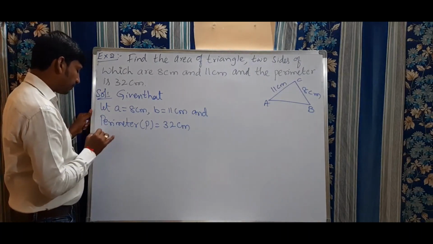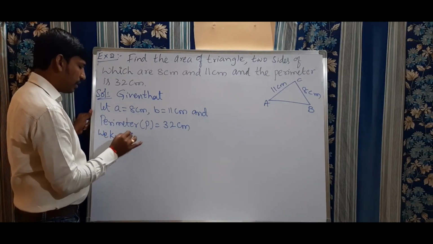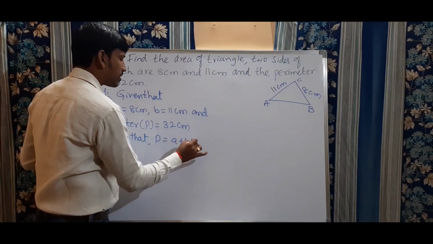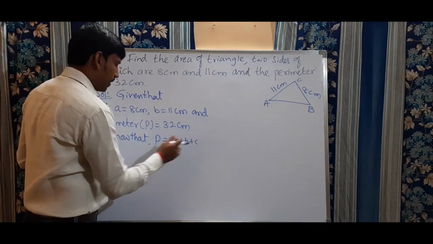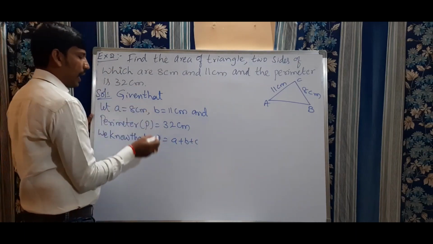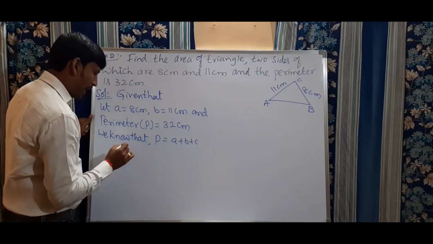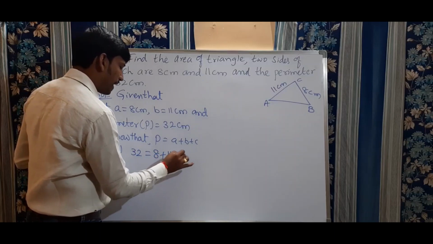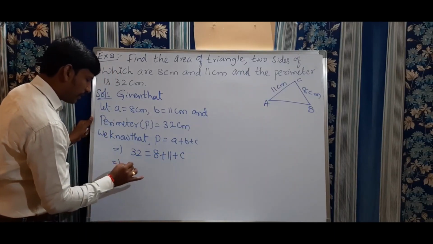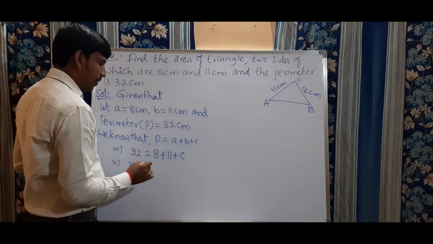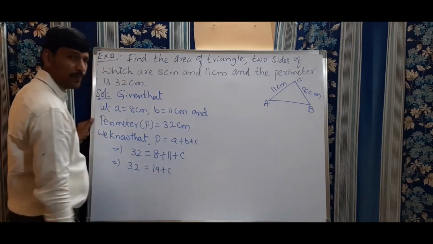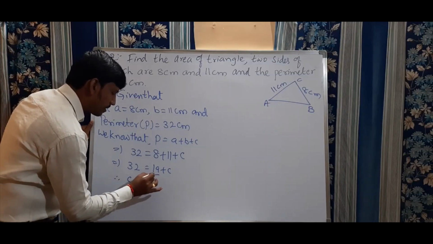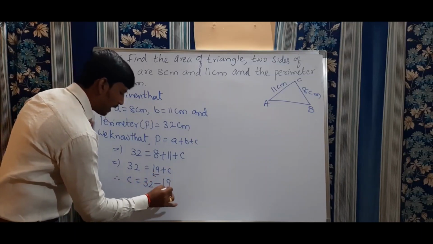We know that perimeter P is equal to A plus B plus C. Now substitute P value, A value, B value in this, you will get C value, which implies P is equal to 32 is equal to 8 plus 11 plus C. Now 32 is equal to 8 plus 11 is 19 plus C. So therefore C is equal to 32 minus this 19. I am going to transpose to left hand side, you will get 19.